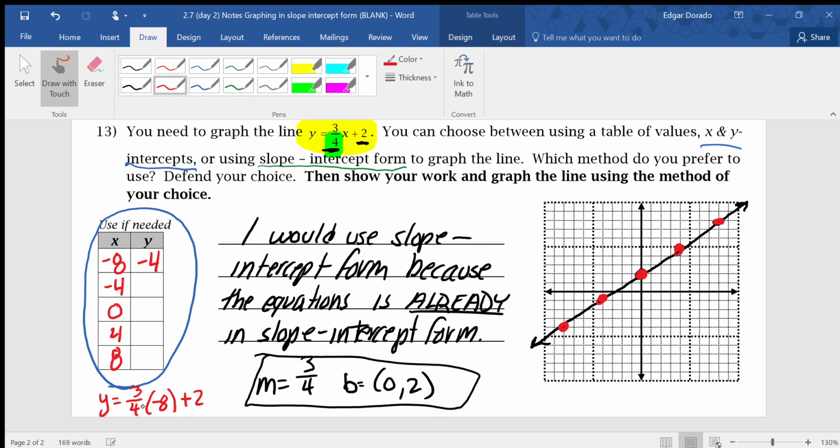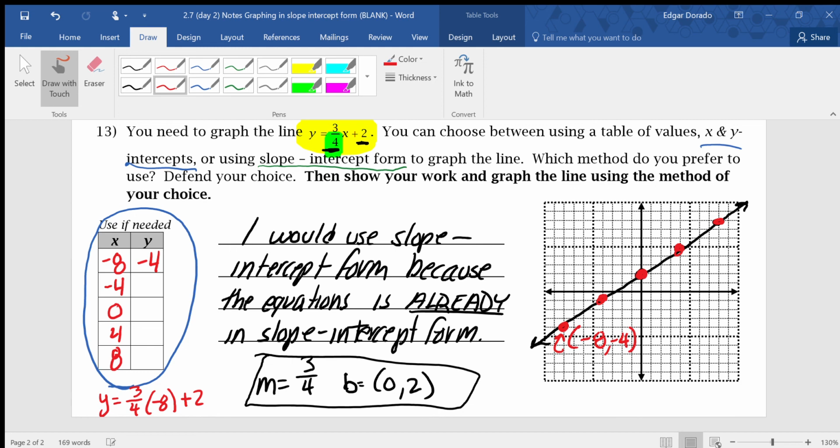And look at that, that's the exact same coordinate as that particular point. Okay? So if you keep going, you would end up with the same answer. It just might be a little more work. However, even though it is a little more work, it might be your preferred method. You might think it's the easiest. So you guys now have multiple ways of graphing these particular linear functions.